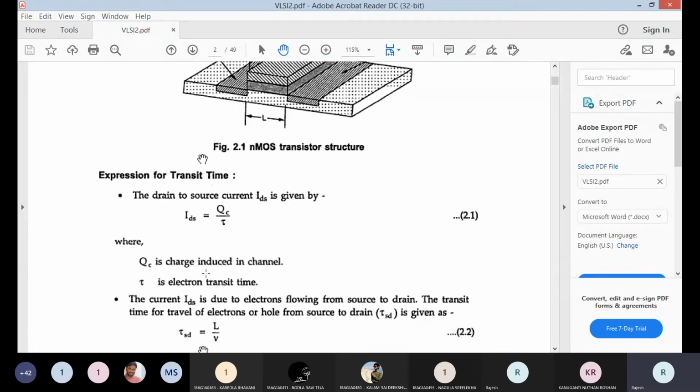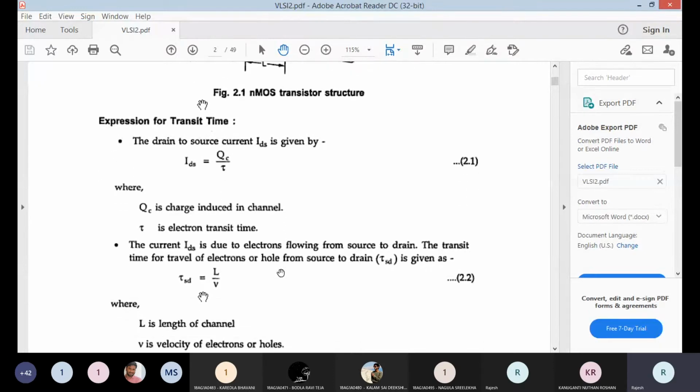For our current, we cover IDS as the number of carriers moving per unit time. So the normal current definition that we represent here is IDS equal to QC by tau. QC is nothing but the charge induced in the channel. How is it induced? By applying VGS. So charge induced in the channel divided by electron transit time.